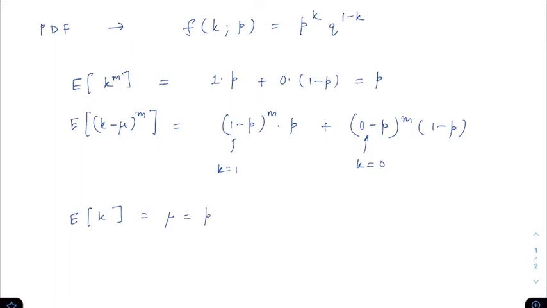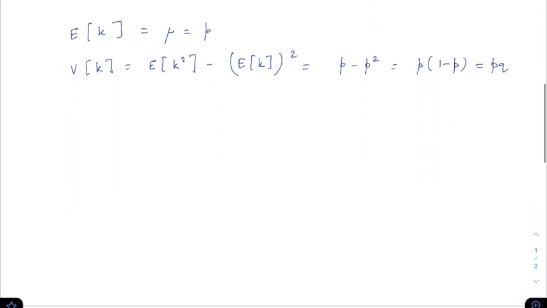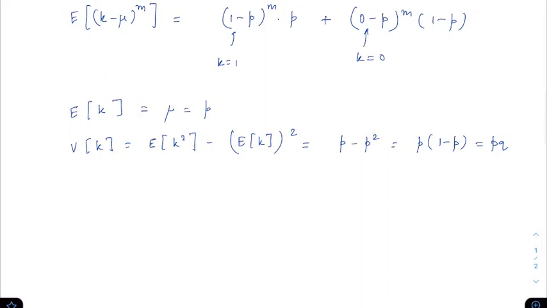And if we are interested in the variance, which is the expectation of k squared minus the square of the expectation of k, that is simply given by p times 1 minus p, or p times q. This can be verified by using the definitions from above.